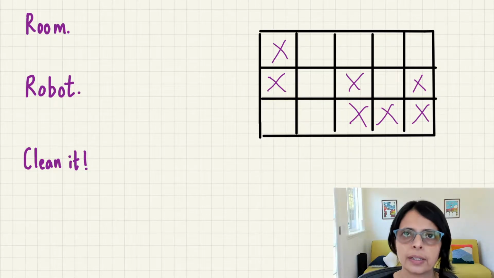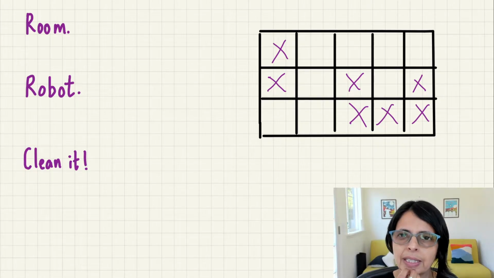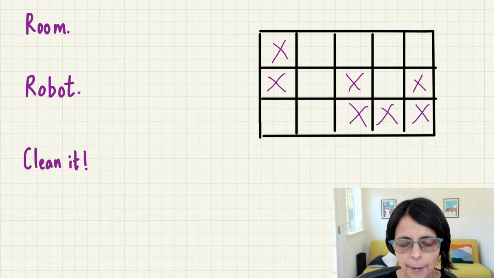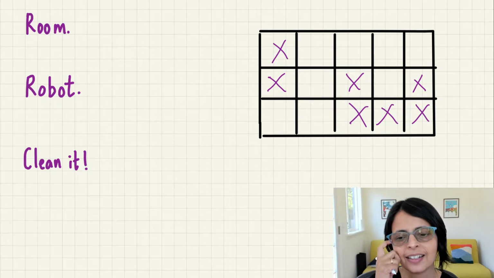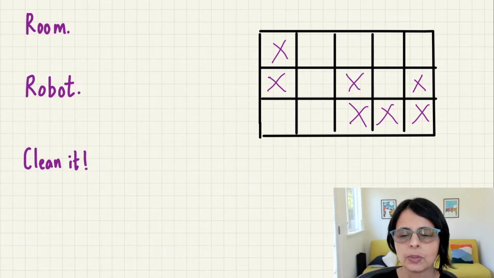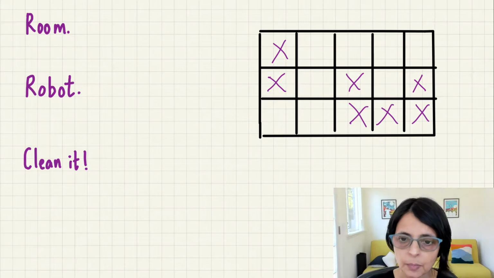So that's one assumption. The next consideration is to remember that we do not have direct access to this grid. That's an aspect of this room part of robot room cleaner. We have to discover this grid via the robot, which is the second part of our input.